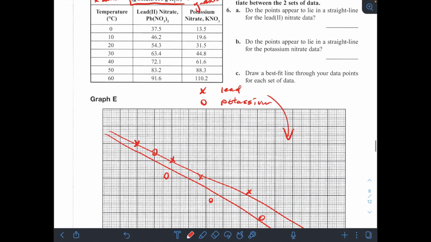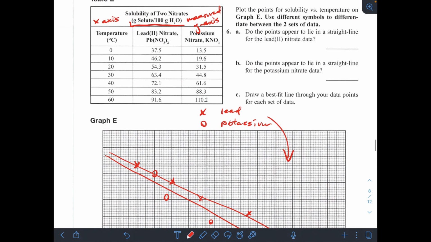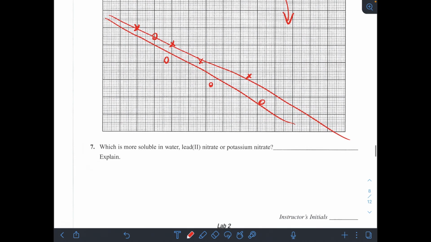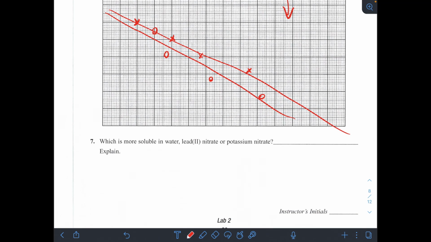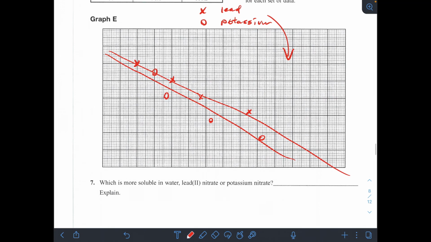So this is how we can go about showing two different sets of data on the same graph. All right, now the question here, which is more soluble in water, lead or nitrate? And what you want to look for is which one of them has the line that is higher up on the graph.